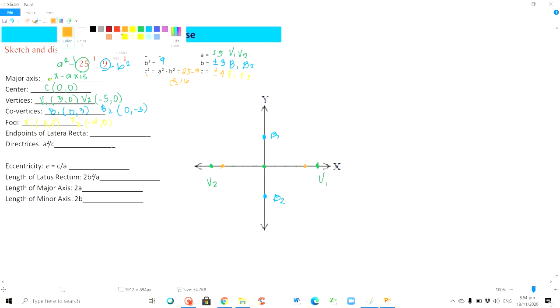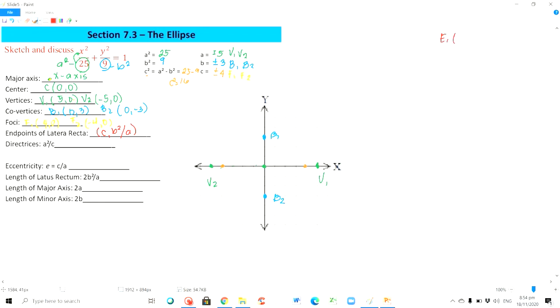Okay. So, color naman for the lateral recta. So, since your axis is in x, yung coordinate din po natin for C is for the foci dahil nasa x po siya. Then, b squared over a. Okay. So, ano yung mga points na yan? Sige, let me write it here.